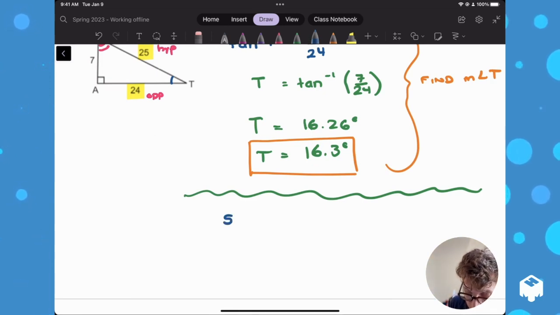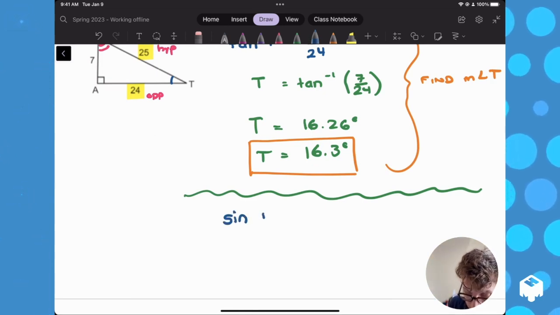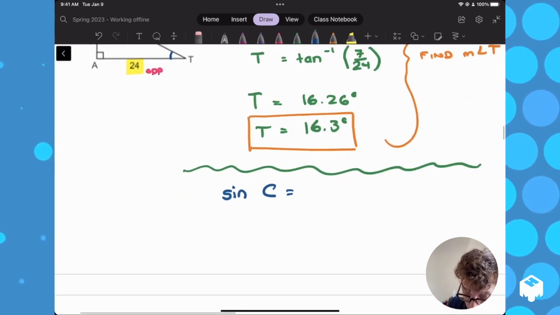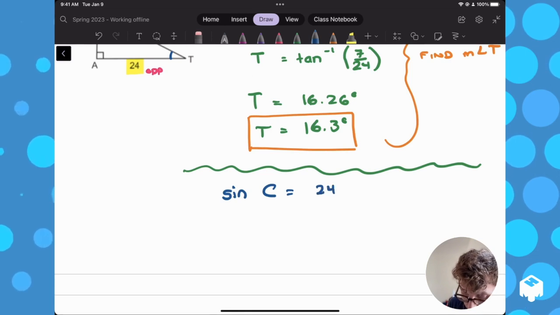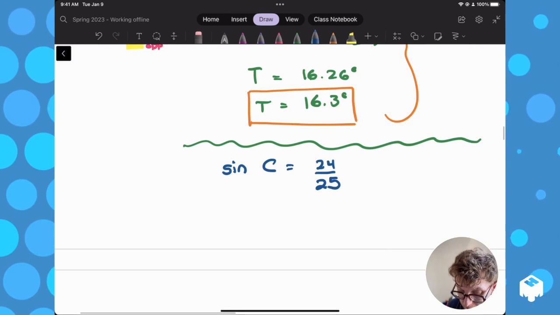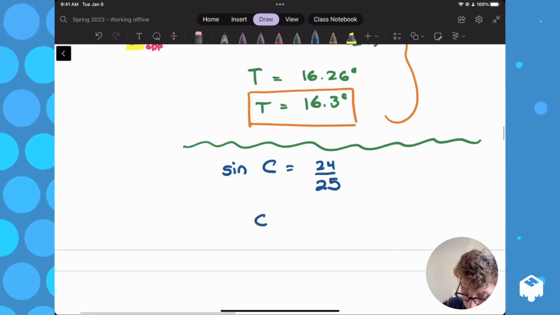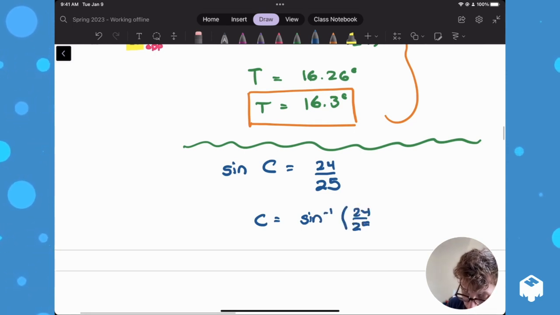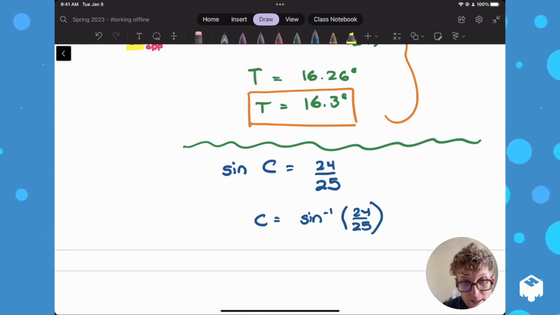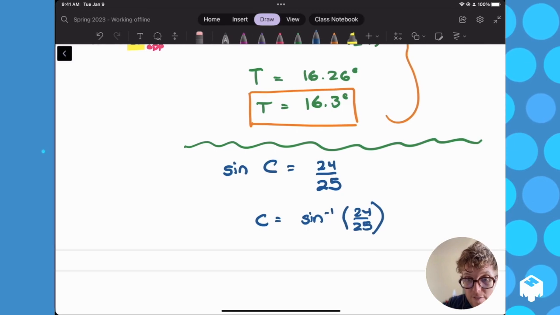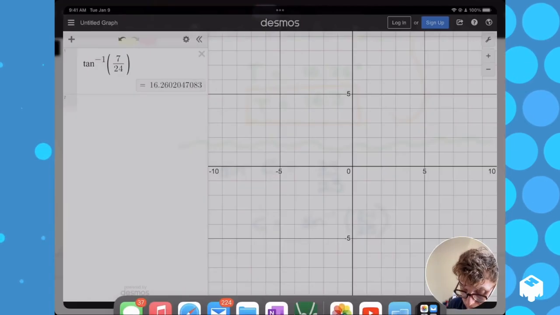So I can do sine of angle C equals opposite over hypotenuse. And I'm going to move the sine by using the inverse sine function. And I get that I'm finding the sine inverse of 24 over 25.